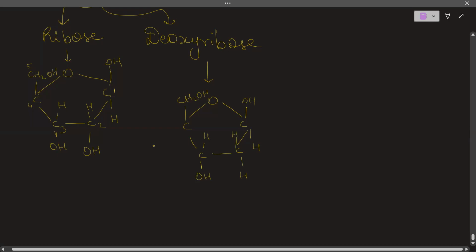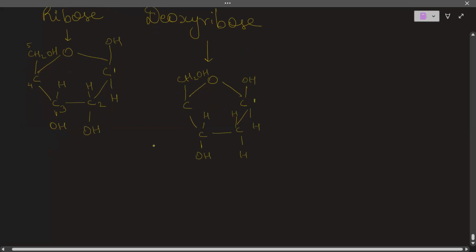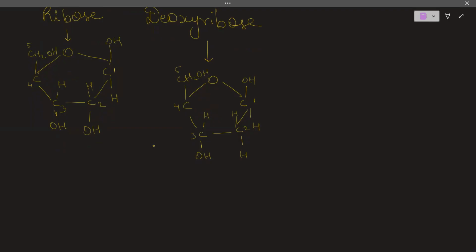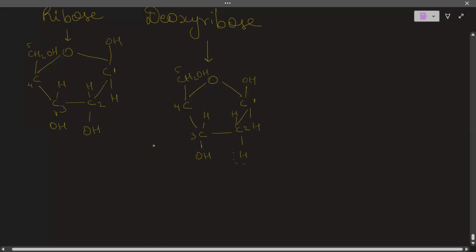Now do you see the difference, students? What is the difference between these two sugars that I have drawn? The second carbon of the deoxyribose sugar does not have any OH group present. Since the OH group is absent, we call it deoxy, meaning no oxygen, ribose sugar.